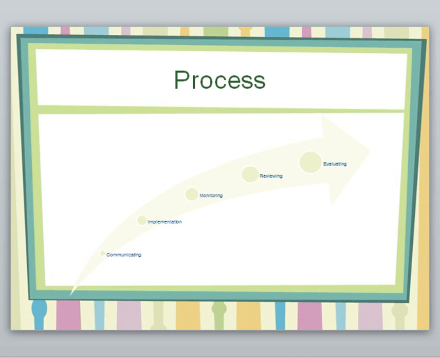Once your plan's been implemented, you would then monitor the progress of that care plan, and then if there are areas that weren't working, you would review that, and then you would evaluate your care plan to see how successful it's been.